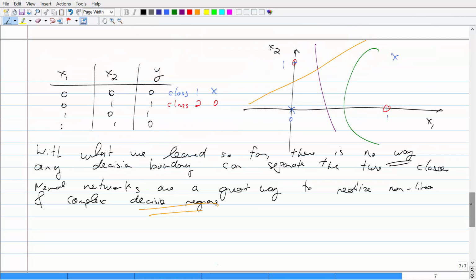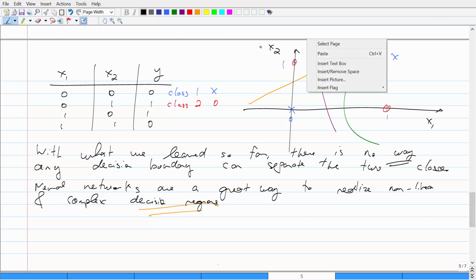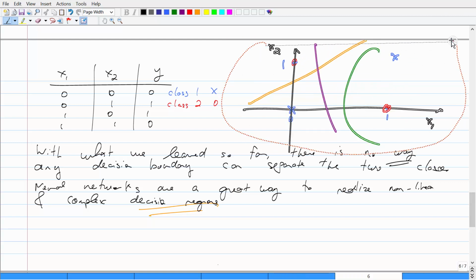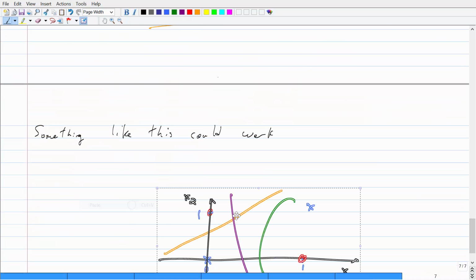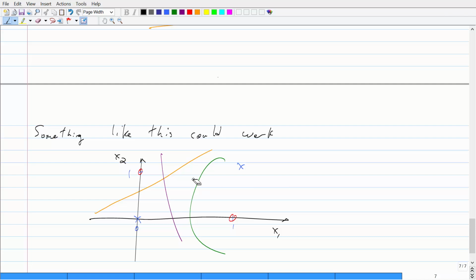Okay, so let me just take this figure and just copy it. Something like this could work. So what you can do instead is maybe have one region like this and like this.